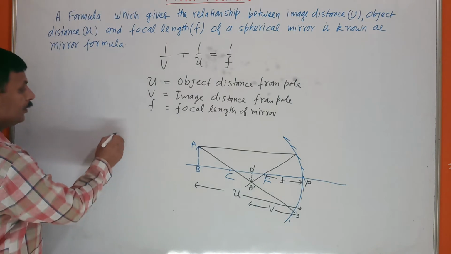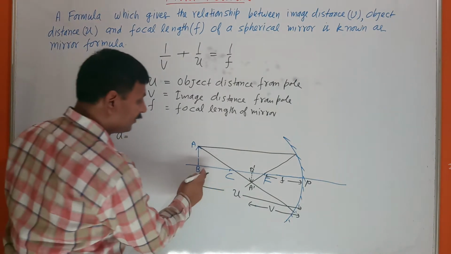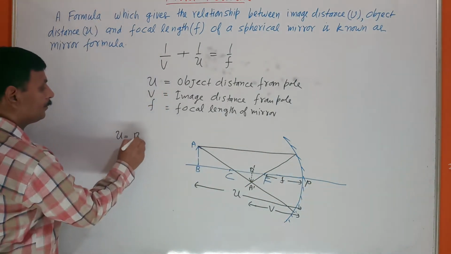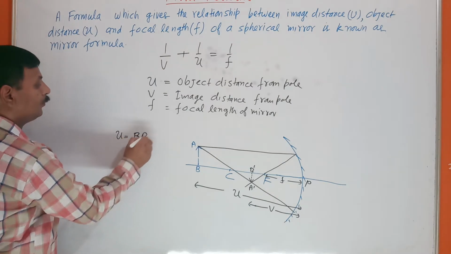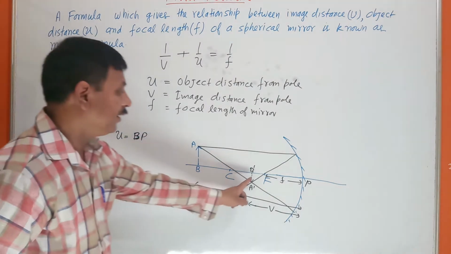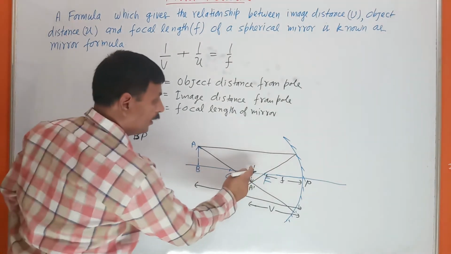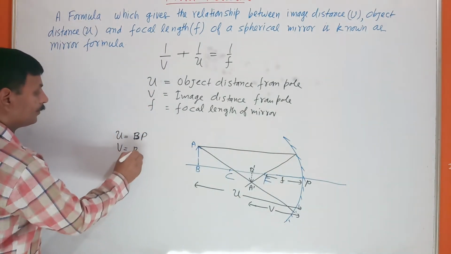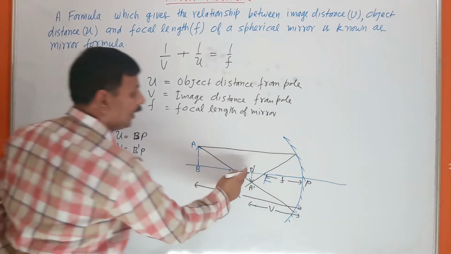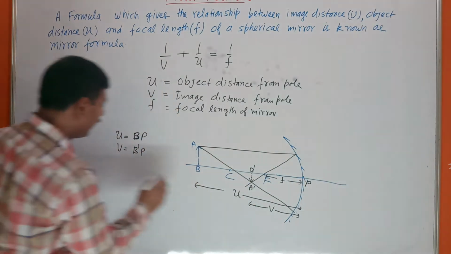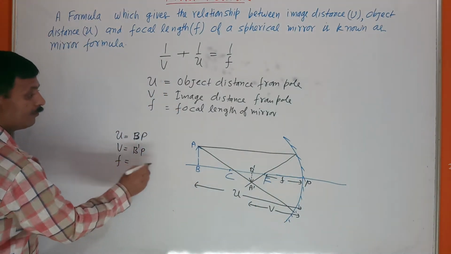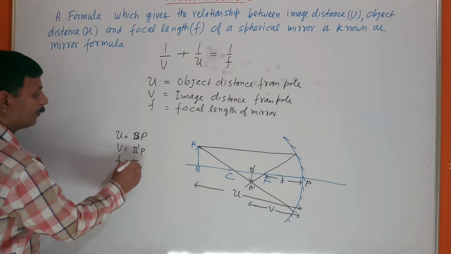What is the image distance? V is B dash P, and the focal length is FP.